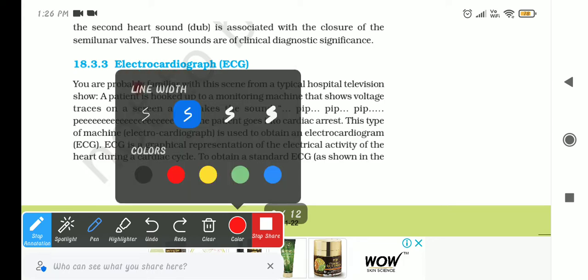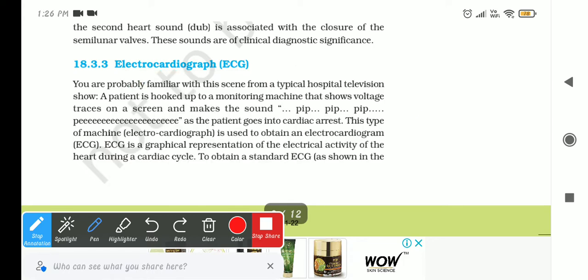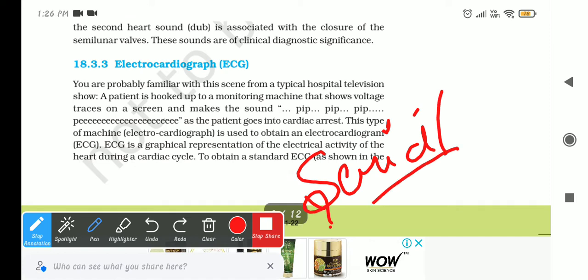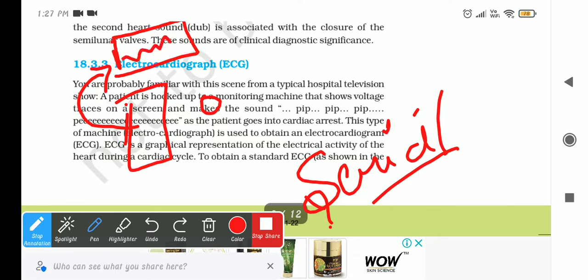Electrocardiograph. So what is an electrocardiograph? You are probably familiar with typical hospital scenes in television serials. We used to see a patient lying there, doctors, and a machine that shows peaks like these.